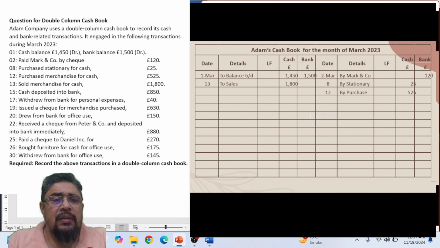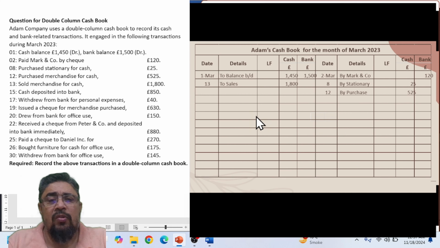Next, on 15th March, cash deposited into bank. Now we are depositing the cash into the bank. This is a contra entry. When we deposit cash into the bank, bank is debited because the amount goes into the bank account, and cash is credited because the amount is going from the business to the bank account.